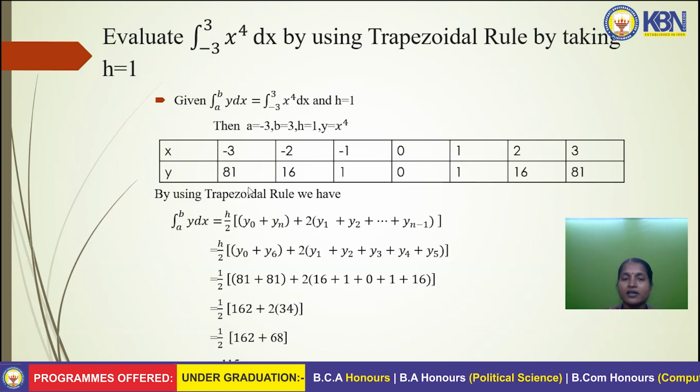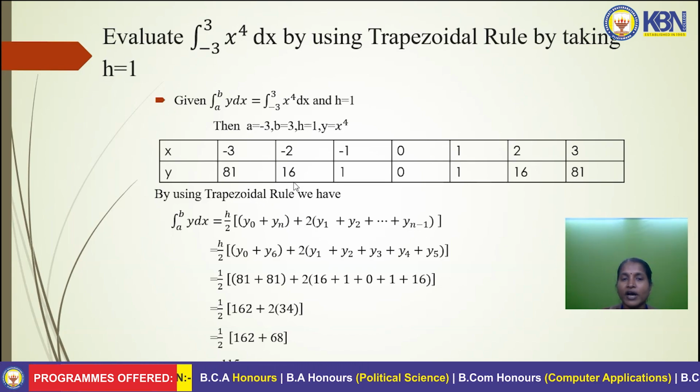So the starting value is y0, y1, y2, y3, y4, y5, and this is y6. Now we write the formula: h by 2 into y0 plus y6 plus 2 into the rest of the values y1 plus y2 plus y3 plus y4 plus y5.